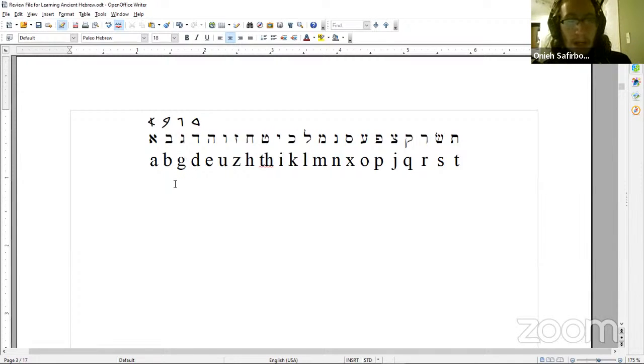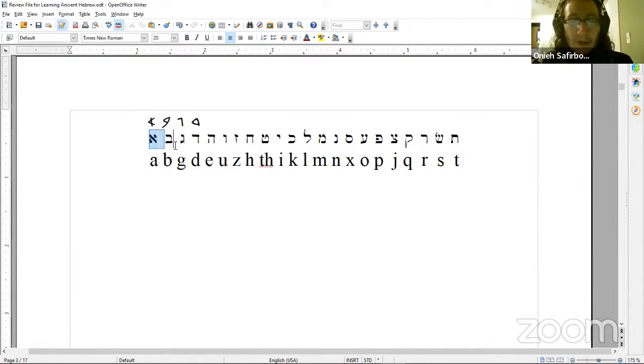So the first letter of the English alphabet is A. It comes from the Greek letter alpha, and the Greek letter alpha comes from the Hebrew letter aleph. And the Hebrew letter aleph comes from the Paleo Hebrew letter, and it looks just like an A. I'm sorry, the Greek alphabet comes from the Paleo Hebrew, by the way, not from this.